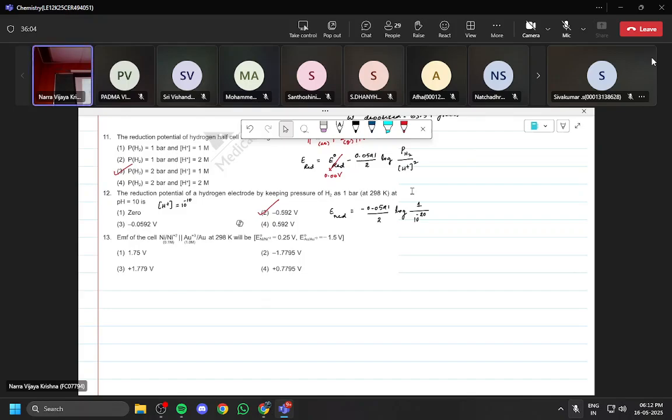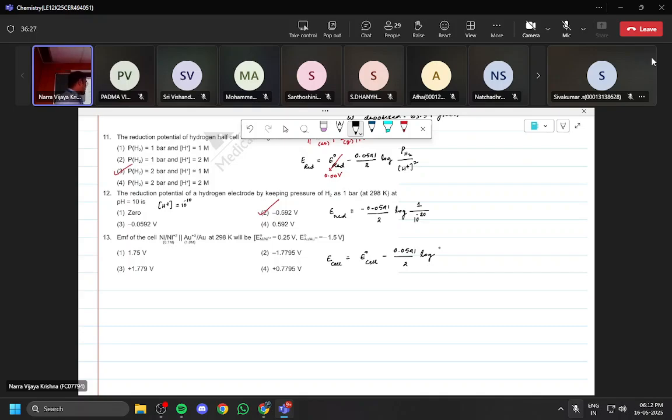EMF of the cell. Nickel plus 2, gold plus 3 state, gold, E naught values are given. We need to find E of cell. What is the formula, sir? E of cell equal to E naught of cell minus 0.0591 upon 2 log concentration of product by reactant.